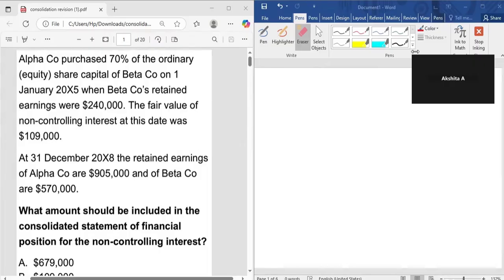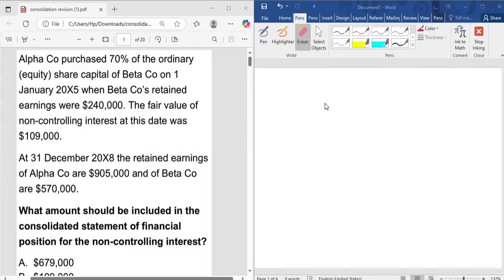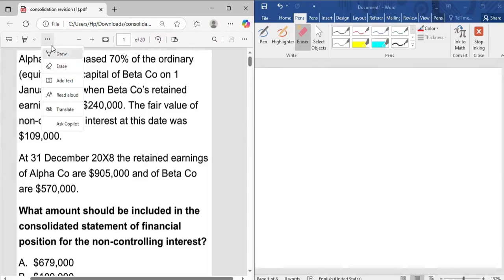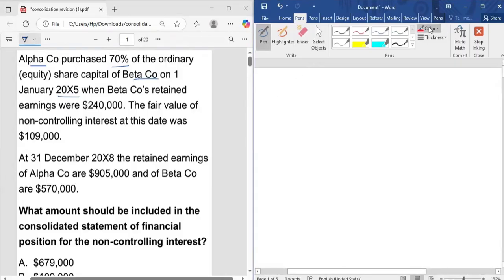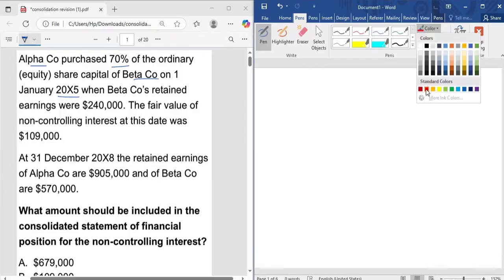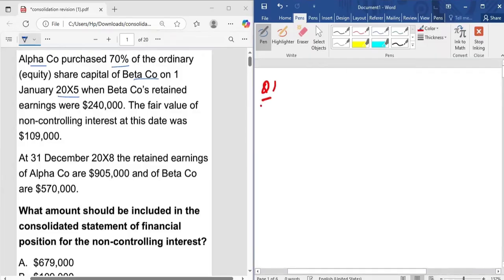Okay, so let's get started. The first question is, Alpha Company purchased 70% of share capital of Beta Company on 1 January 20x5. Okay, so question number 1.